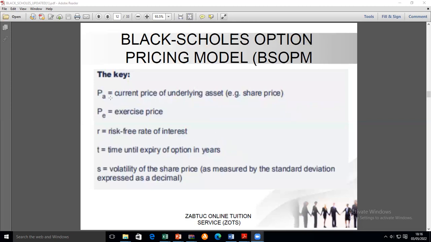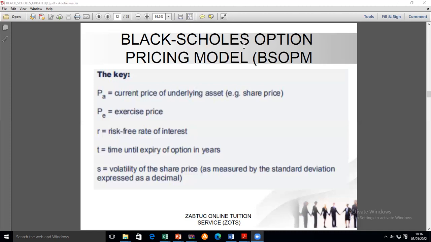That stands for the current price of the underlying asset. This stands for the exercise price. That's the risk-free rate, the time until expiry in years, and the volatility of the share price measured as standard deviation, expressed as a decimal.